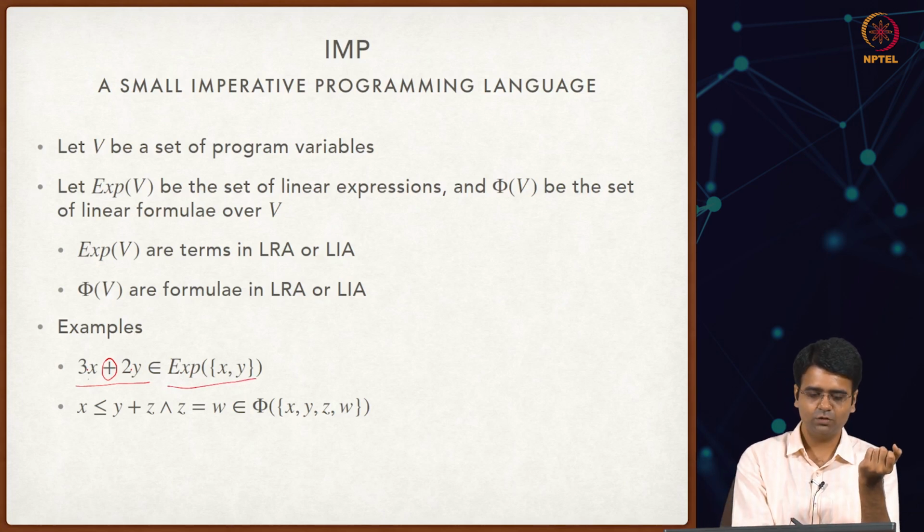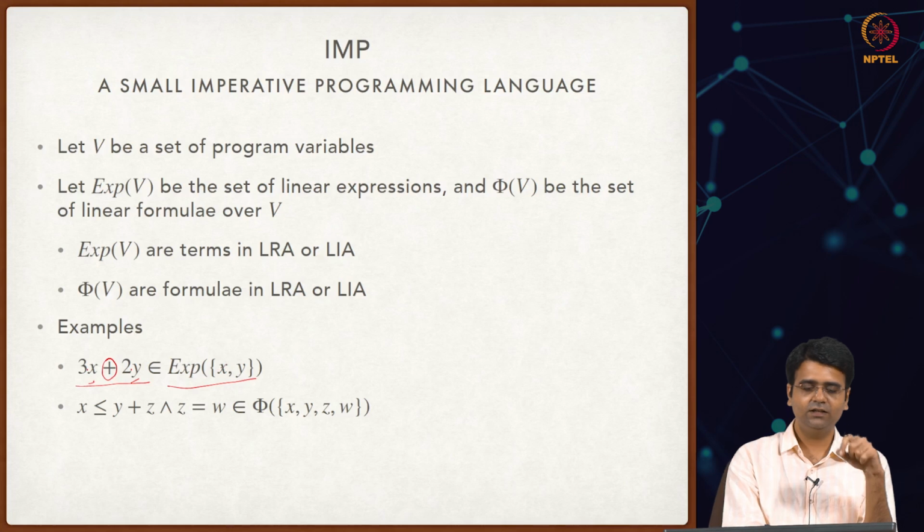So it's using these two variables, x and y, which are program variables. So over the program variables, you can construct arbitrary linear expressions, using the functions that are present in the theory of integers. And all of those linear expressions will be collected in this set exp x comma y.